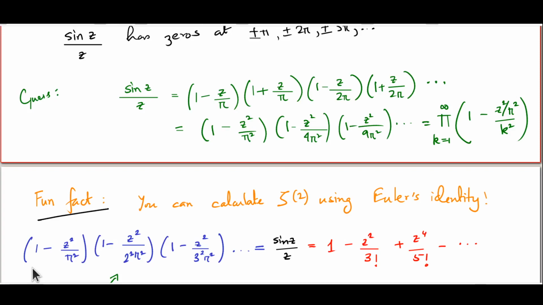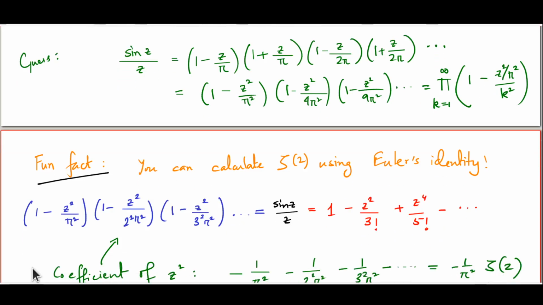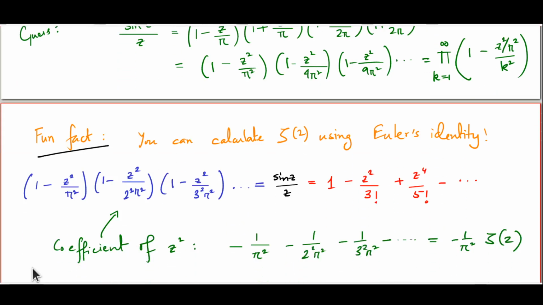On the left hand side, you have an infinite product of 1 minus z square by pi square k square. So in order to get an overall factor with z square only, what you have to do is take 1 from each and every one of the brackets except from one of the brackets where you're going to take the z square term. And that, when you add all of them together, will give you minus 1 by pi square, minus 1 by 2 square pi square, minus 1 by 3 square pi square, and so on.